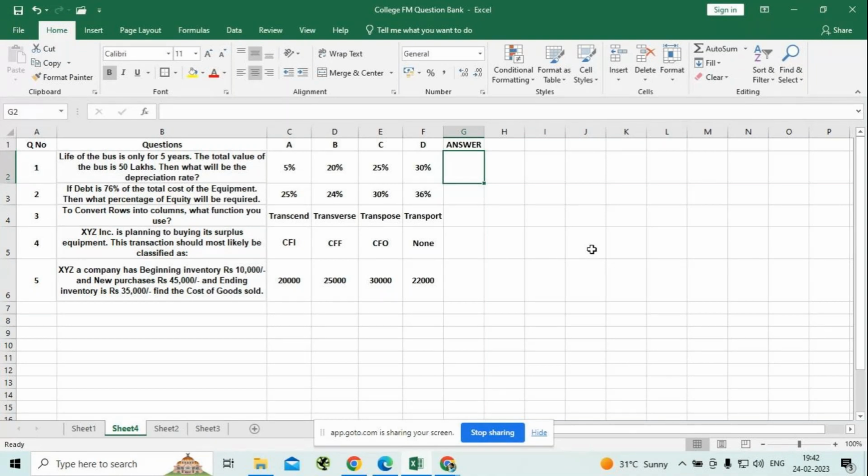The life of the bus was 5 years, so by the fifth year the 50 lakh amount will be nil, zero. By depreciating the bus at a 20% rate, after 5 years the amount will be zero. It is simple: 100% divided by 5.